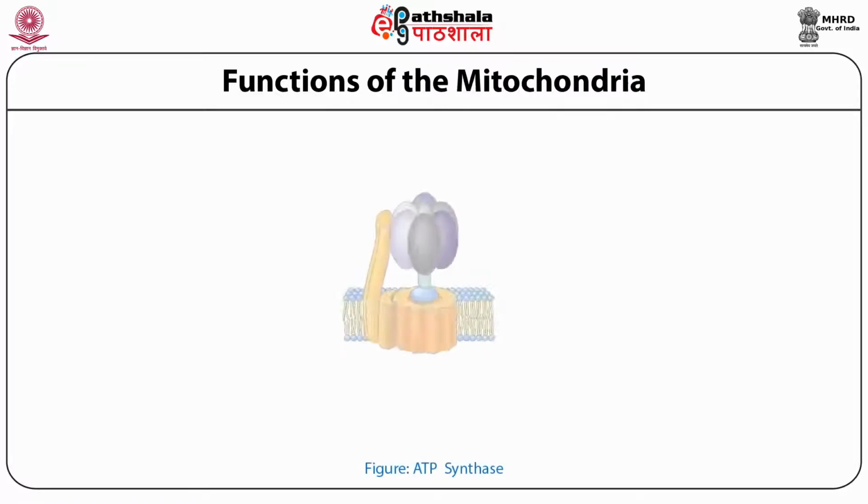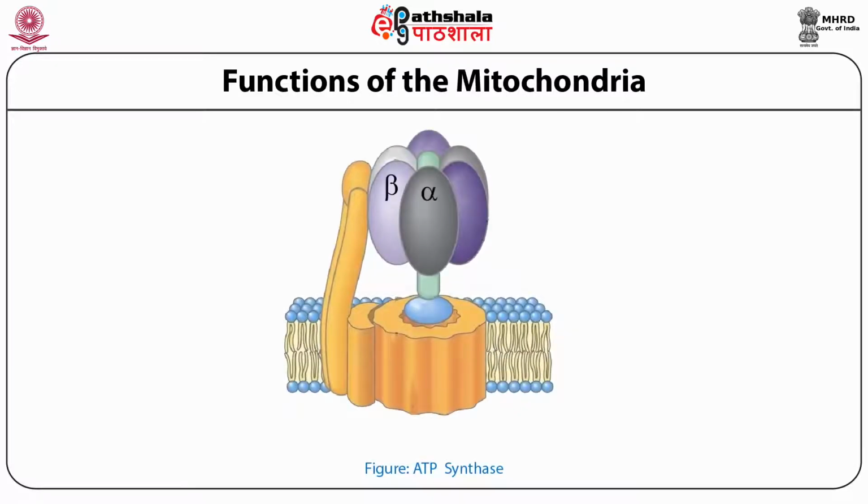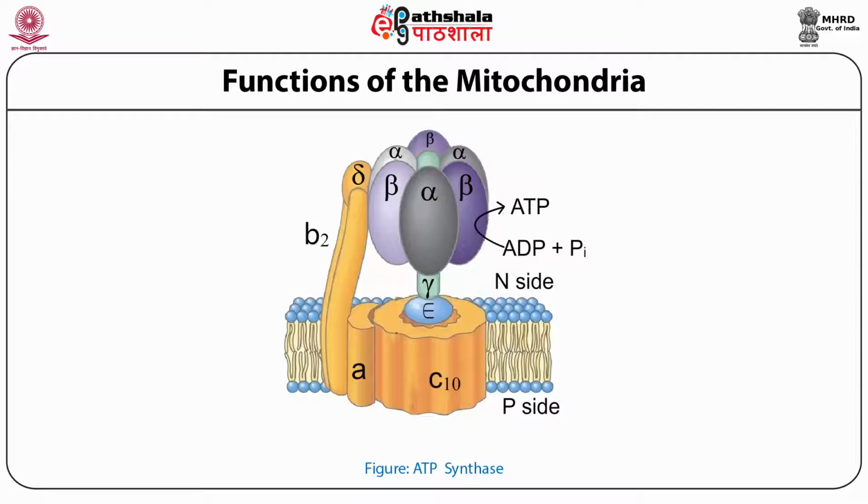The complex 5 or ATP synthase. The mitochondrial ATP synthase is an F-type ATPase and is present as a large enzyme complex of the inner mitochondrial membrane.